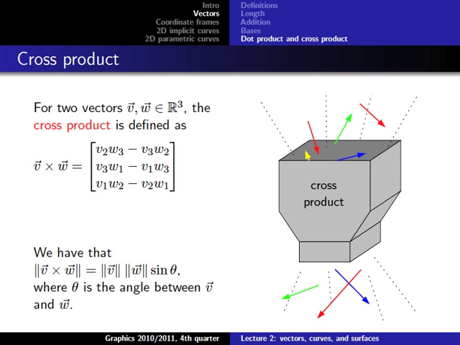And you see here it is defined by this rather weird looking formula, which is indeed not as symmetric or intuitive as the dot product. But the interesting thing is, of course, the characteristic of the vector that comes out of this cross product. There is also a relation with trigonometry, which is then not the cosine but the sine.